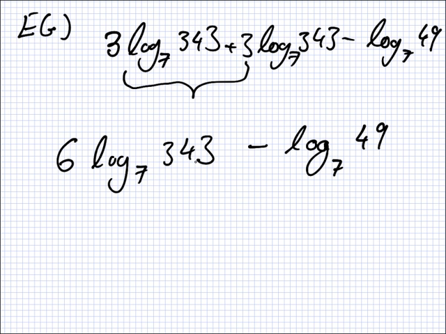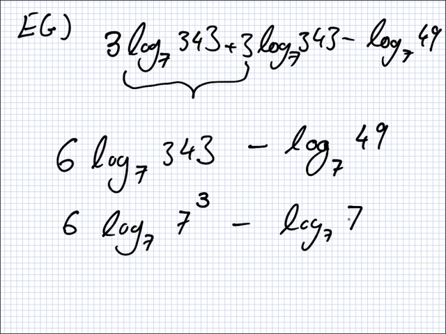I think that's 49 times 7, is it? Yes. Or I could do 7 to the power of 3. So this would be 7 cubed, and this one here would be 7 squared.